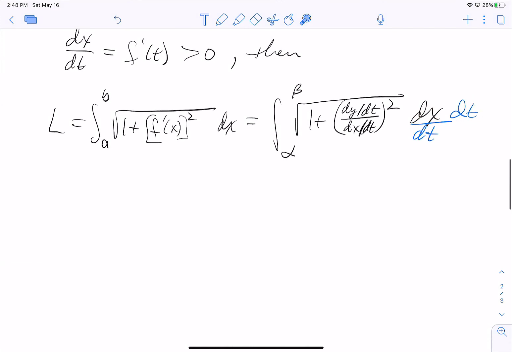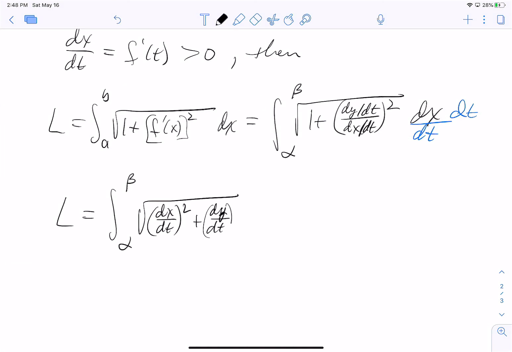If we then distribute dx dt into the square root, first of all, we have to square it on its way into a square root, and then second, it's going to reduce the fraction that we have inside of the radical. We'll end up with L is equal to the integral from alpha to beta of the square root of dx dt, the quantity squared, plus dy dt, the quantity squared dt.